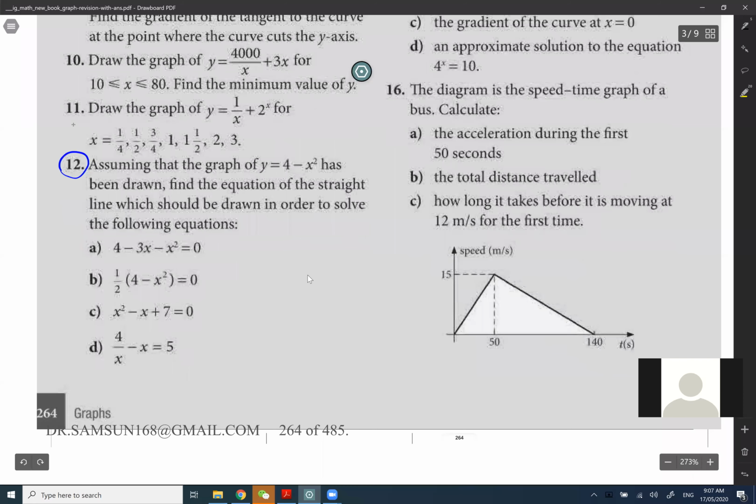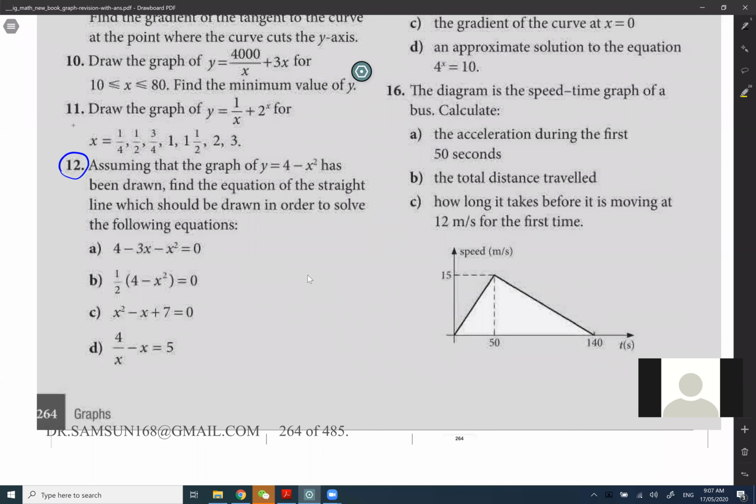I give you one example. We have the graph 4 minus x squared. So in the equation, you leave 4 minus x squared on one side and move the other part to the other side, like here, 3x.